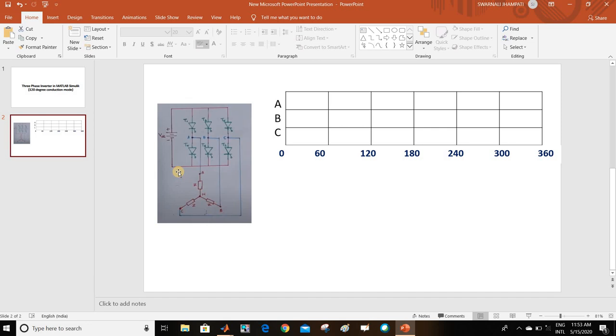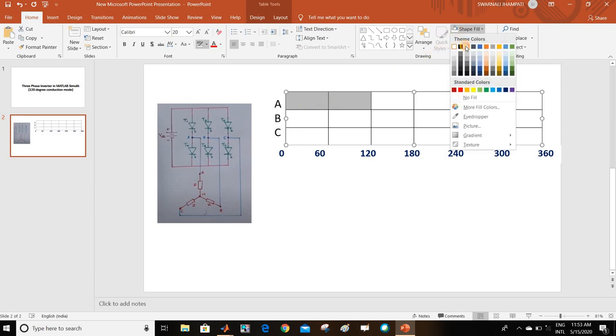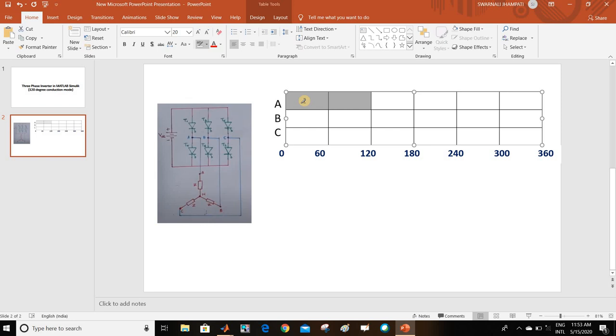T1 will be thyristor 1, so it will trigger at 0 degree. T1 will conduct for a period of 120 degrees, so we have T1 here from 0 to 120 degrees.